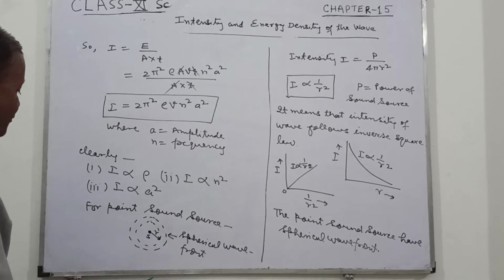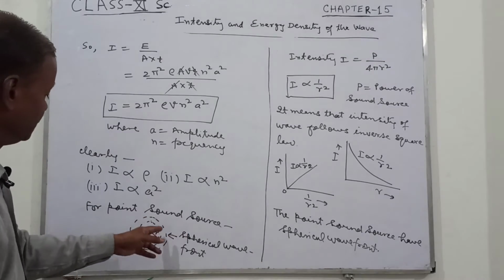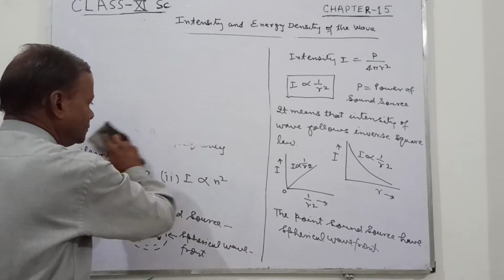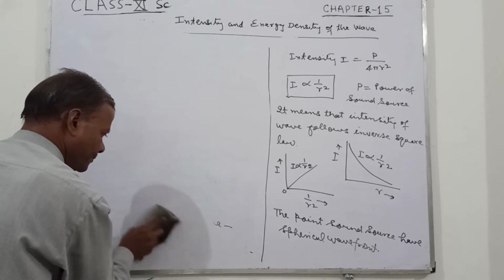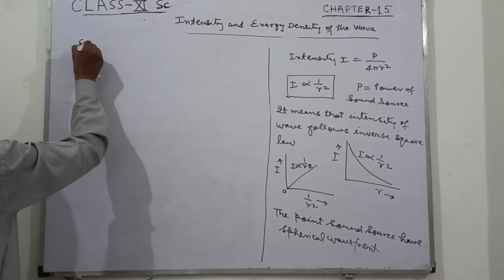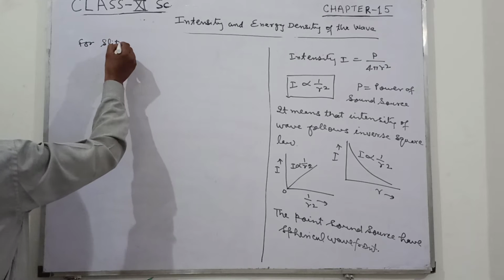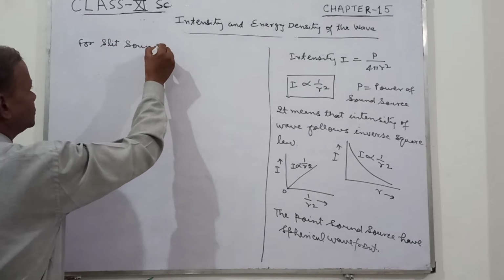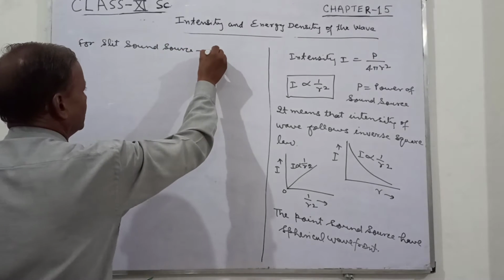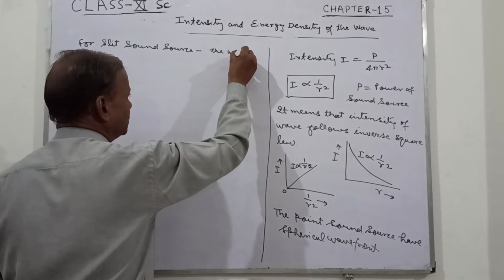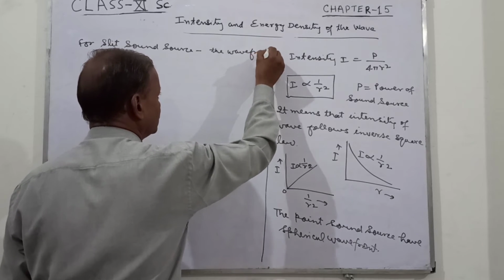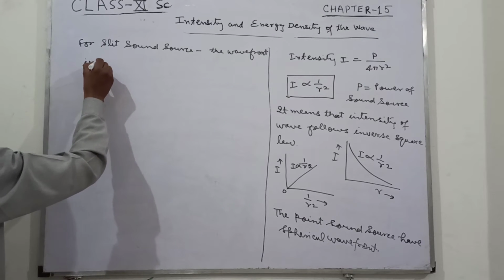And suppose the sound source is not a point one and it is of the cylindrical type, for a slit sound source the wavefront is cylindrical.